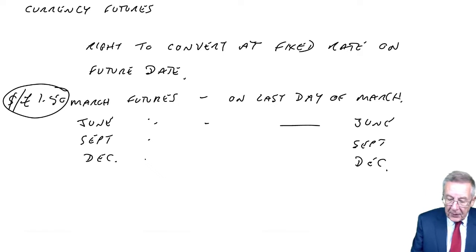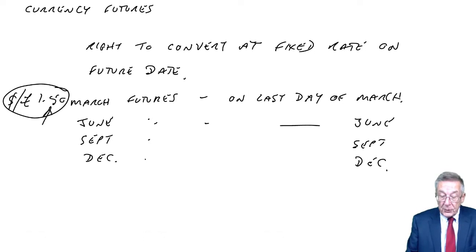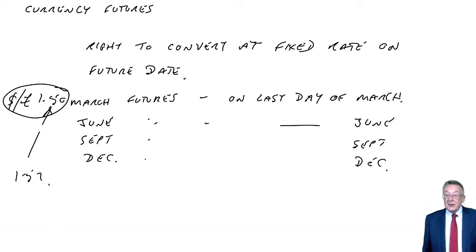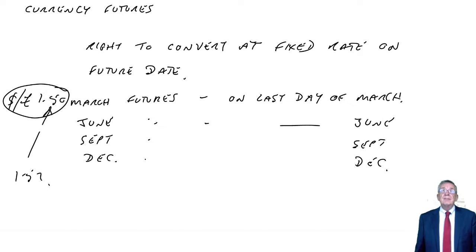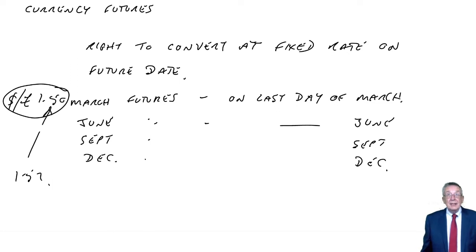If the price today was 150 and I thought it was going to go up by next week to 152, then I ring the dealer today and say, buy me 1 million futures at 150. I don't actually pay any money. And then a week later, I ring the dealer and say, sell me 1 million futures. And if the price has gone up, at the end of the deal, we settle up. The dealer will say, you bought at 150, you're selling at 152, you've made a profit of 2 cents on each future. And he'll pay me the profit.